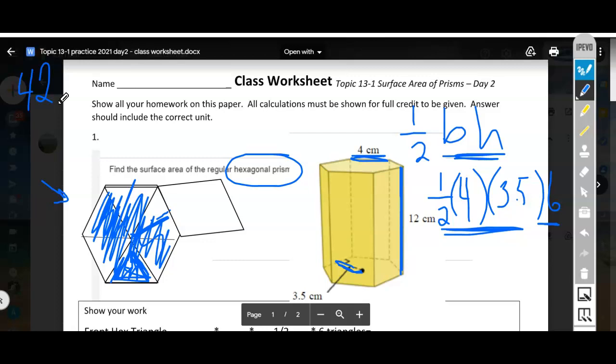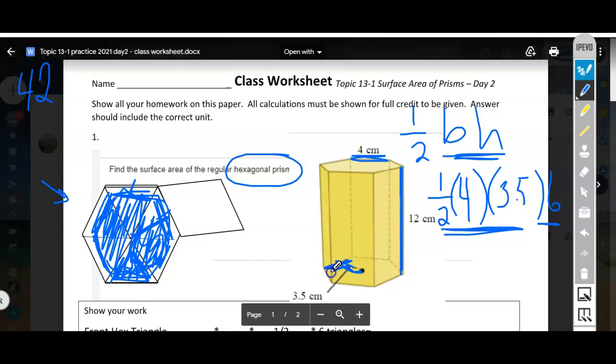All right, now what do I do? Not multiply by 12. You just found the volume of this thing. Volume is area of the base times the height of the whole thing. Well, we're not there yet. Okay, so 42 was the area of one hexagon, right? So now what do I do?